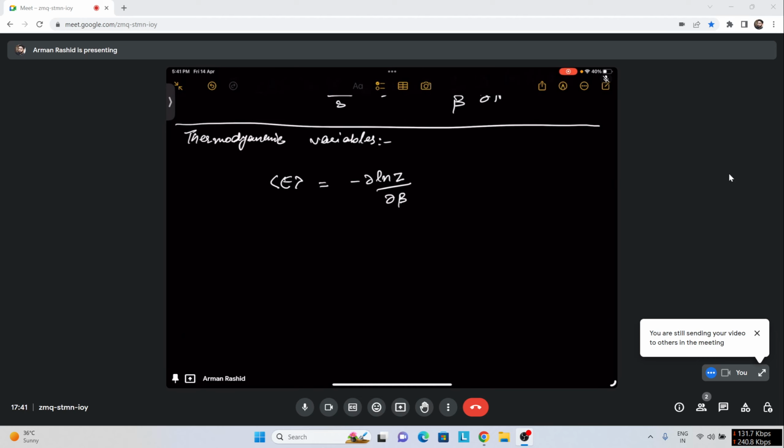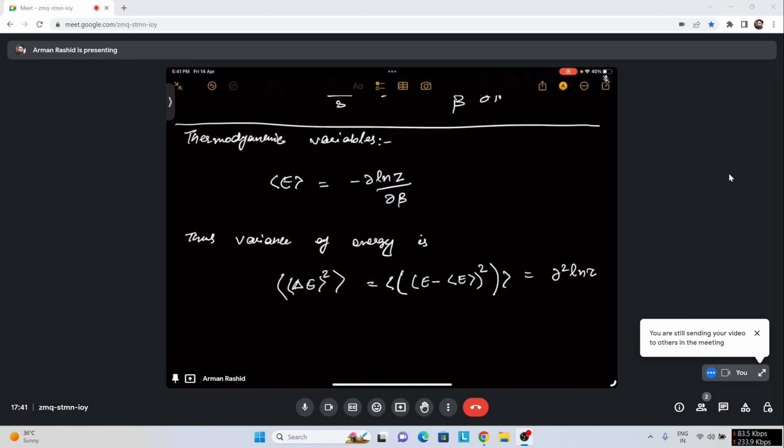Thus the variance of energy, or the fluctuation in the energy, will be delta E squared, which is the expectation value of E minus the expectation value of E, whole squared, and that is given by d square ln Z by d beta square.